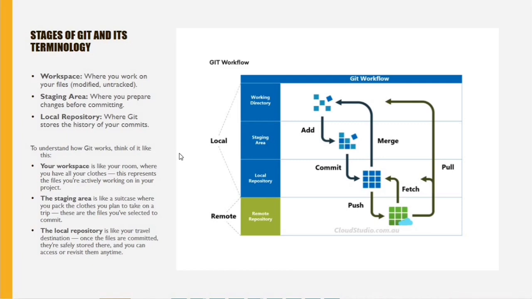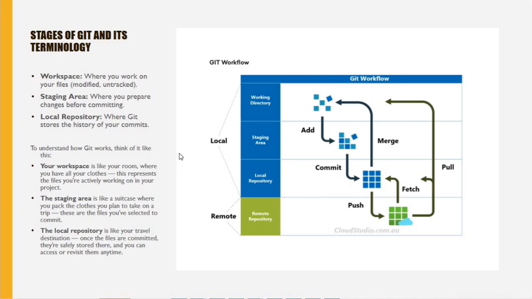Workspace is the place where you work on your files, modify them, and write the code. Another one is the staging area, where you prepare the changes before committing. And the local repository is where Git stores the history of your commits.